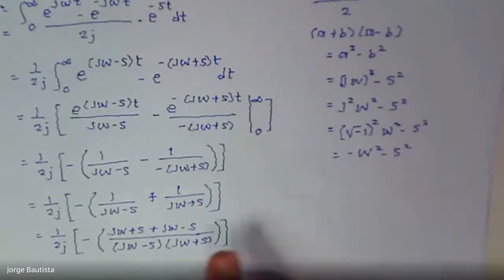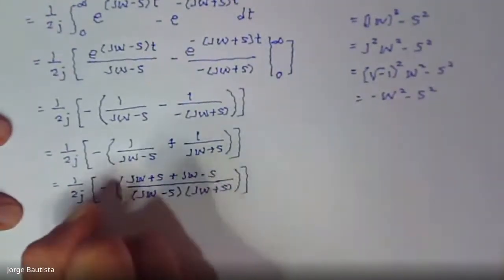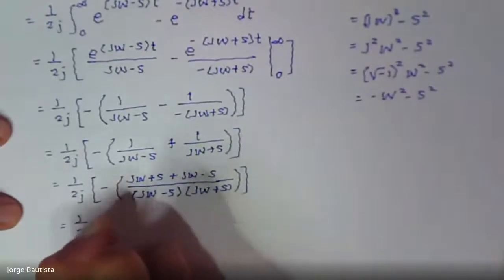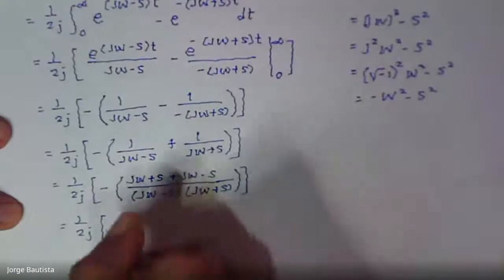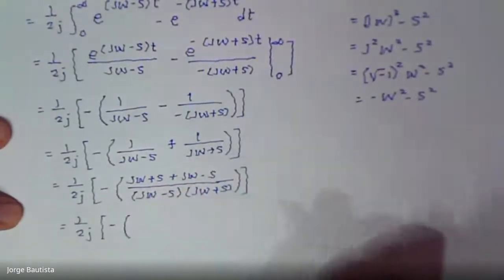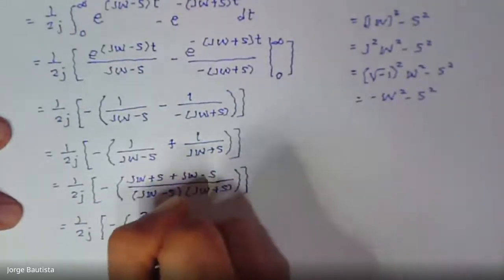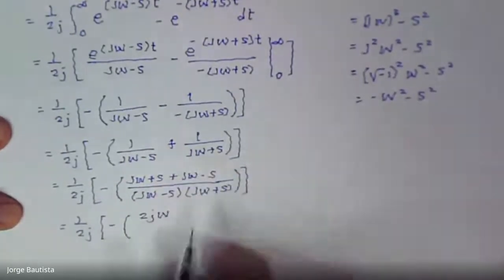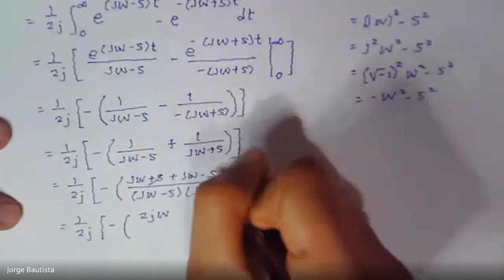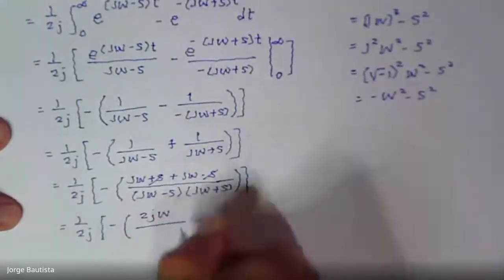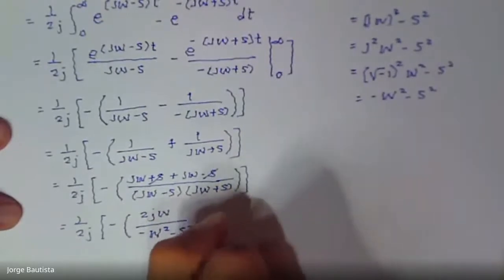Okay, ito, substitute mo dito. So, substitute natin. So, that is 1 over 2j. Okay? And that is negative. So, j omega, that is 2j omega. Positive s minus s, cancelled na yun. Cancelled na yan. Okay? All over, you have negative omega squared minus s squared. Ayan.